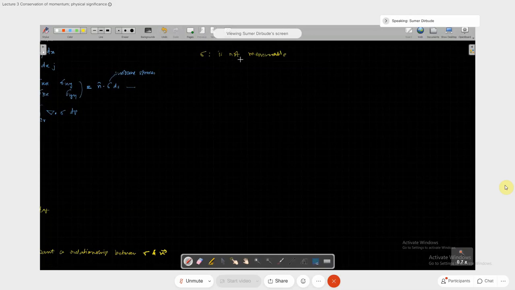So what are the measurable quantities? The measurable quantity is the rate of strain tensor, epsilon, and that is defined as epsilon equals half of the gradient of u plus the gradient of u transpose.